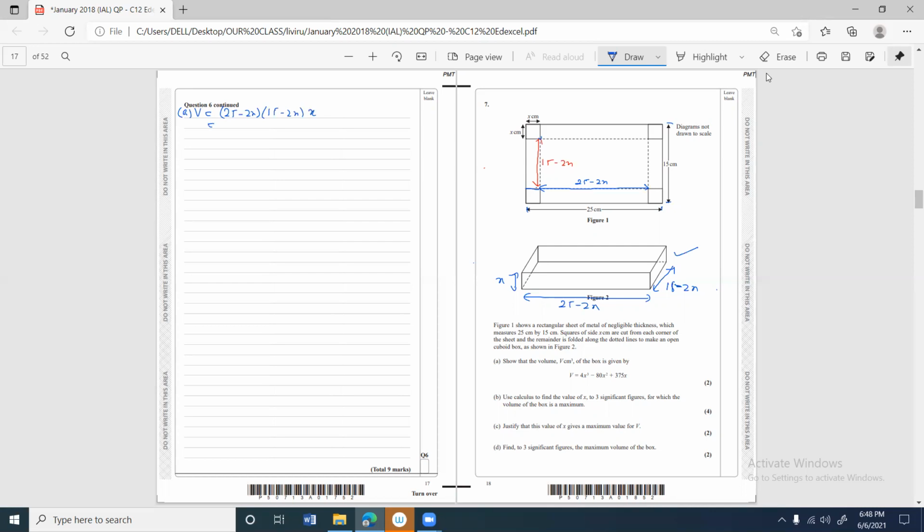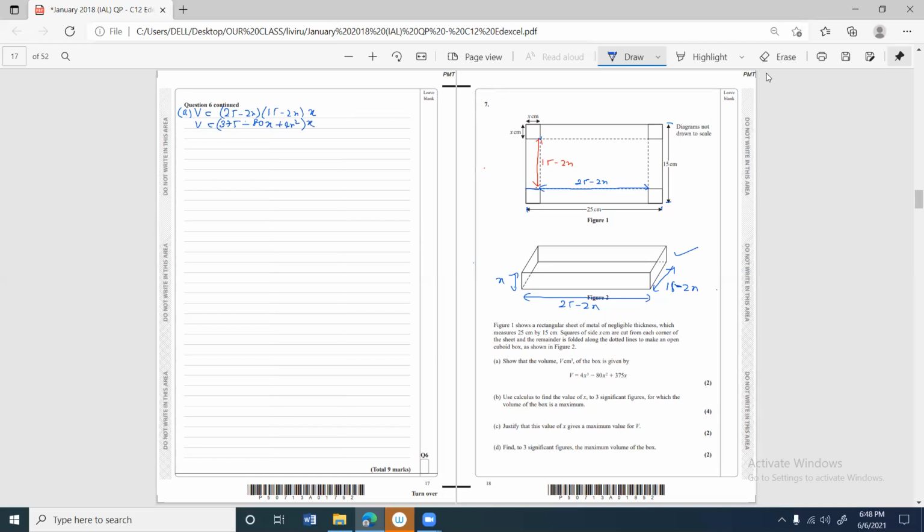So we'll expand it. 25 times 15 is 375, and 25 times 2 is 50, plus 30 gives 80. So 375 minus 80x plus 4x squared, times x.